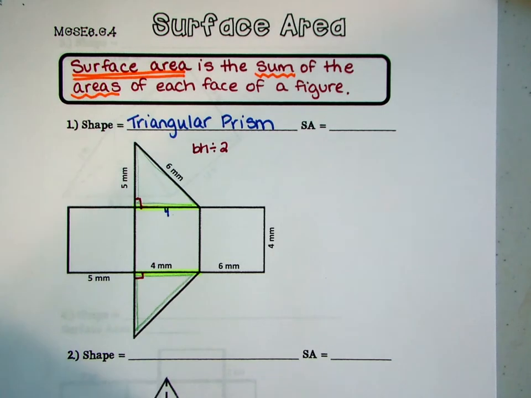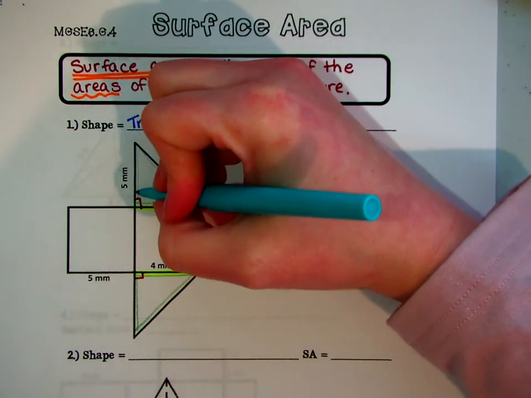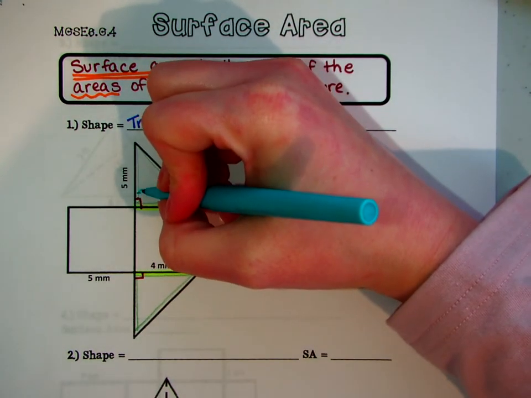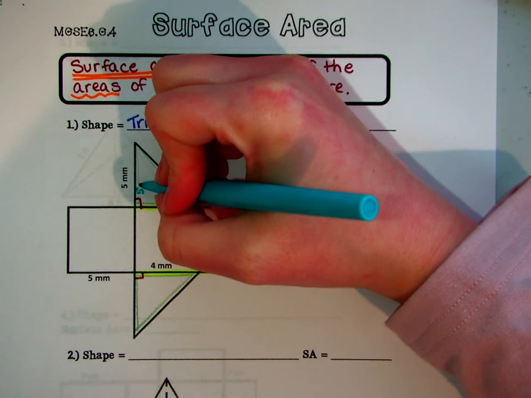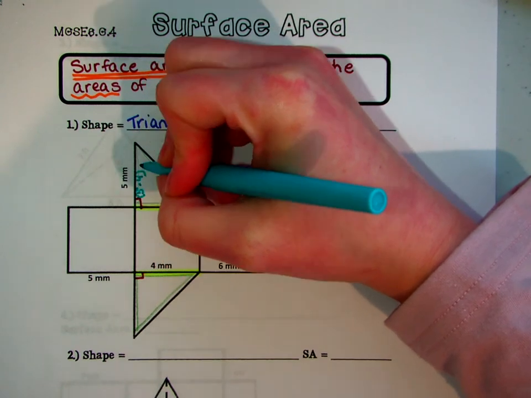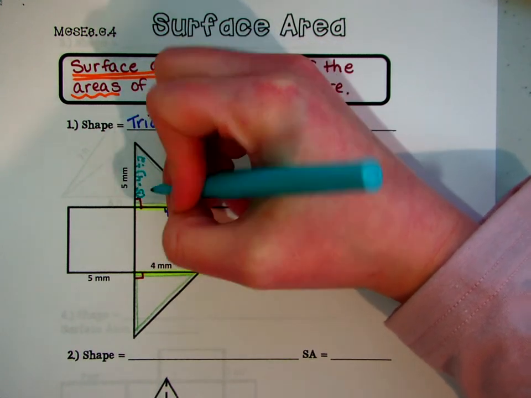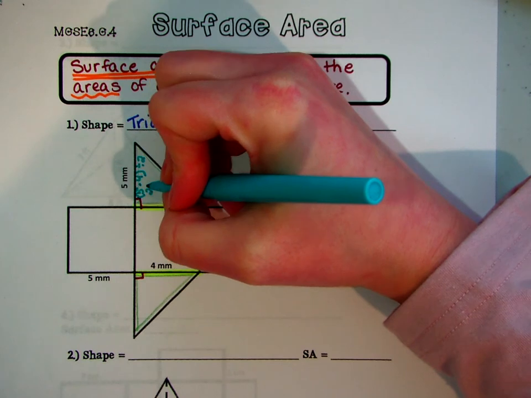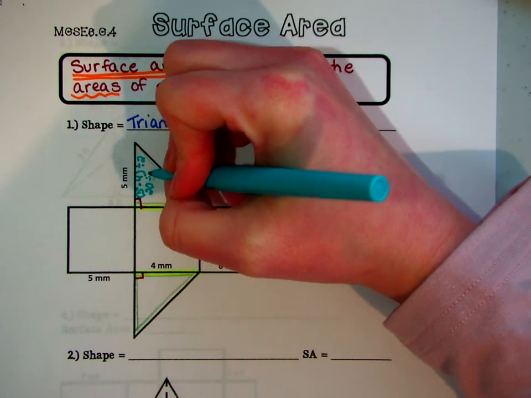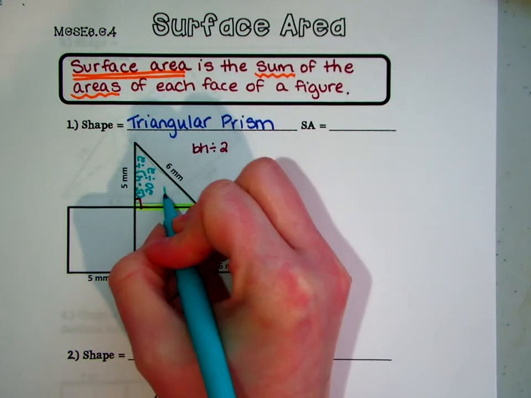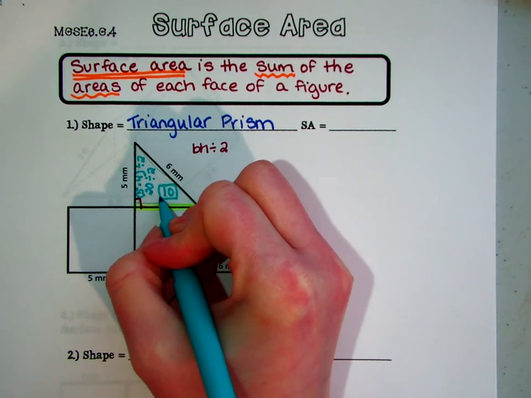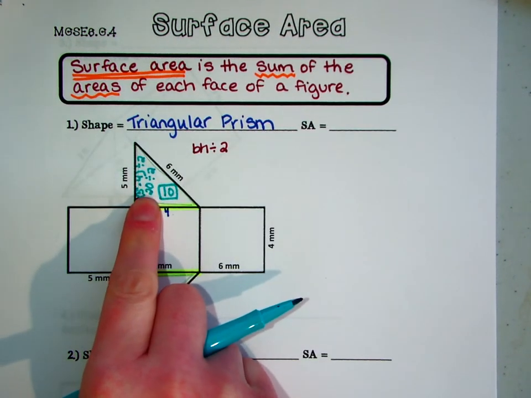So in order to find the area of this triangle inside, and there's a ton of space to write inside the triangle, so let's do that. We actually have, and I'm going to turn it sideways, 5 times 4, then divided by 2. You guys already know 5 times 4, the product is 20, and half of that is 10. 10 is the area of this triangle.